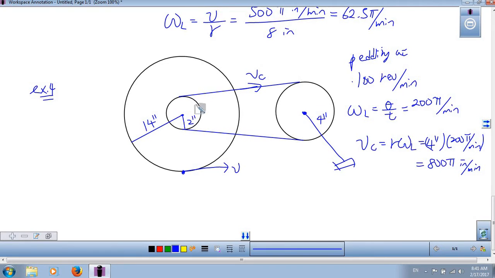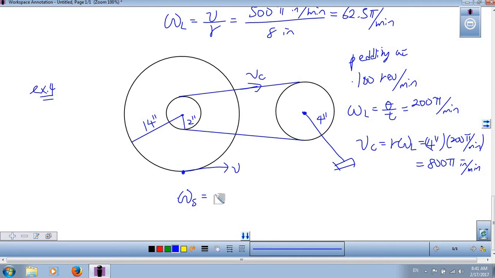Now that chain is driving the smaller gear, and the smaller gear is attached to the rear wheel, and is going to convert that velocity into the larger angular velocity here. Let's calculate the angular velocity of the smaller gear.